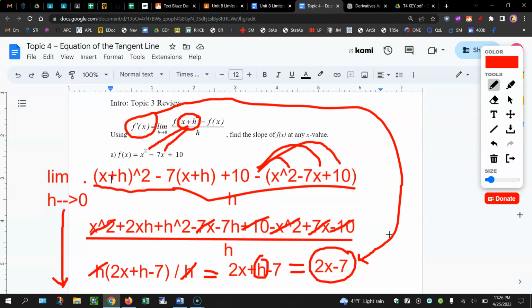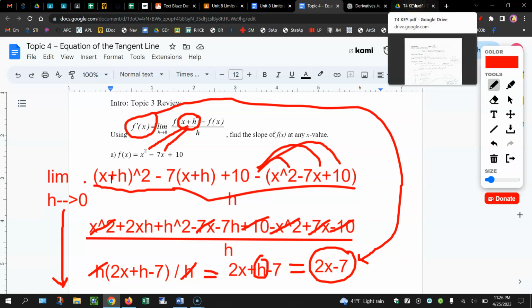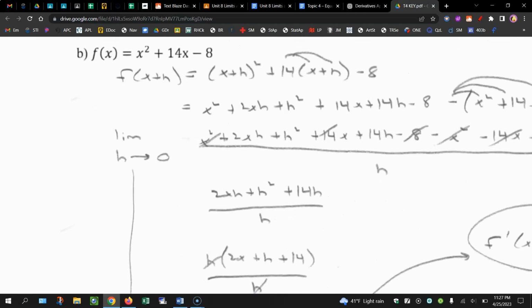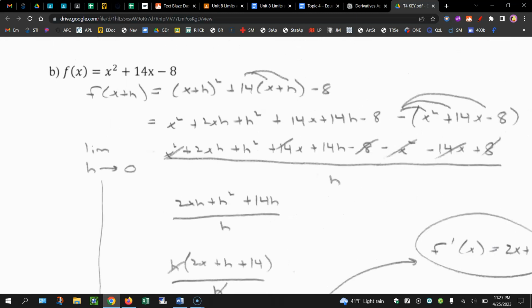The second one, take a look at here on the key. If you haven't done so already, go ahead and do both examples. I should have mentioned that before I started this one, but in the second example here, again, you're plugging in x plus h squared plus 14 times x plus h minus 8 minus the original function.